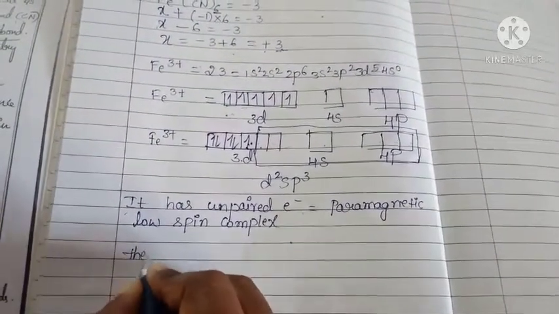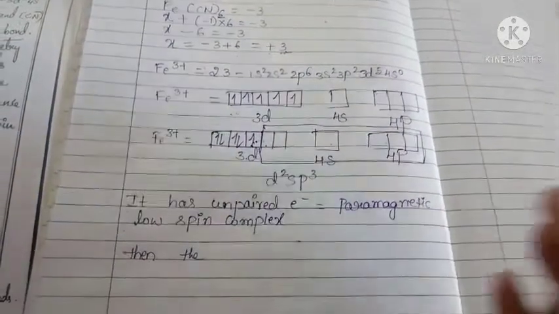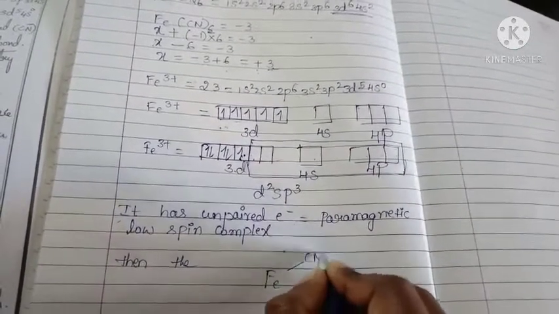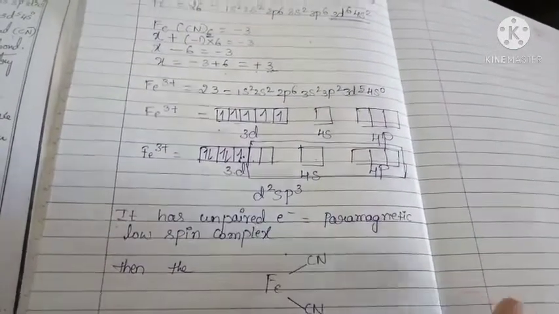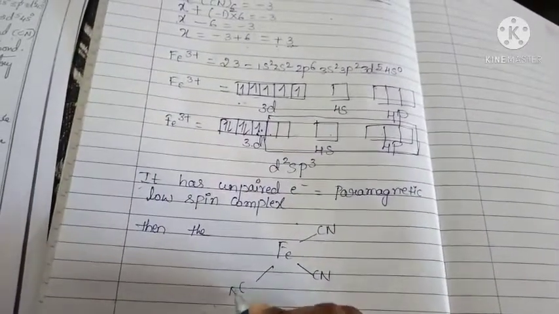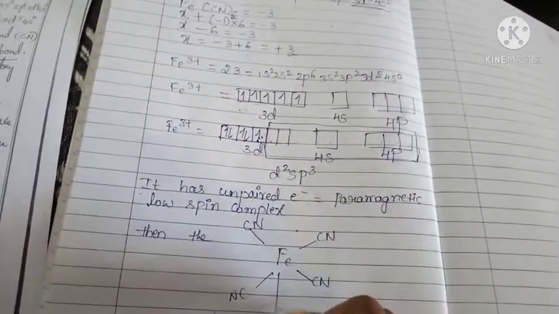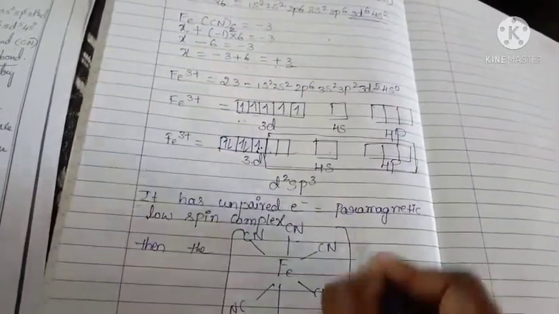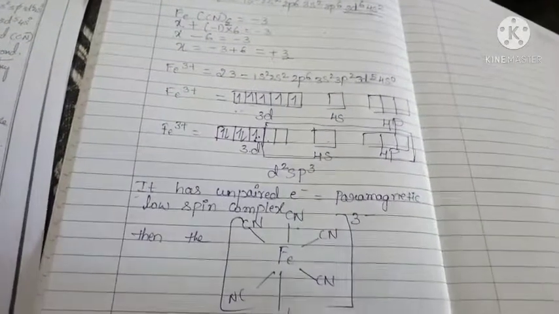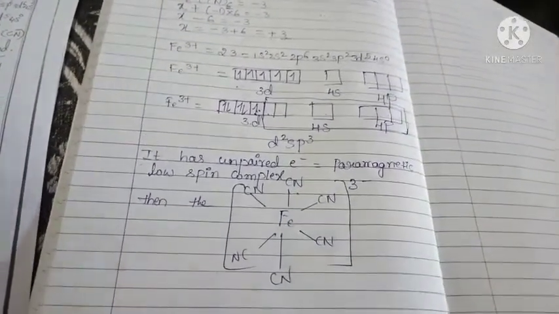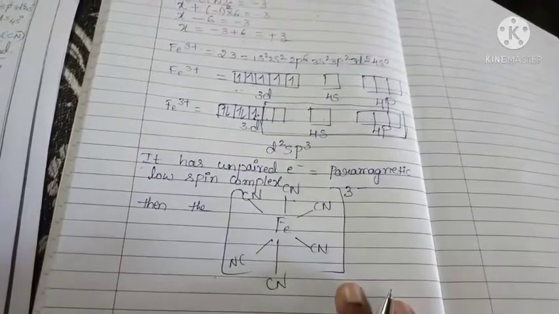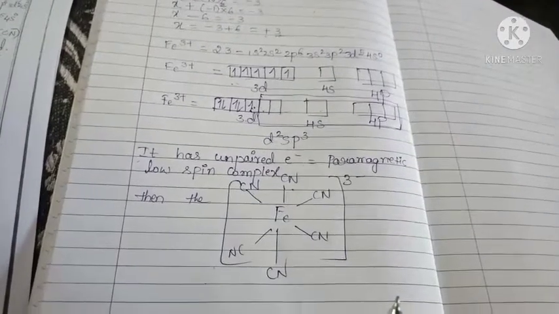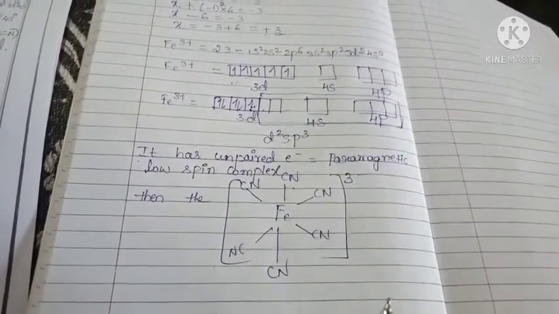Then the structure: Fe with six CN. The charge is 3 minus. This is the structure of the hexacyanoferrate(III) ion. Okay, this is about 2 examples. In the next class I will explain the other examples.